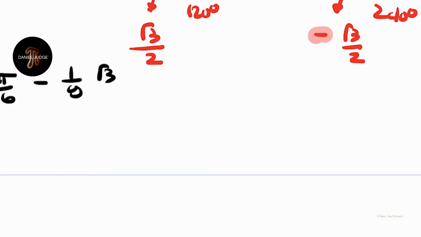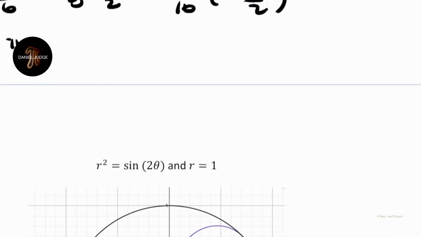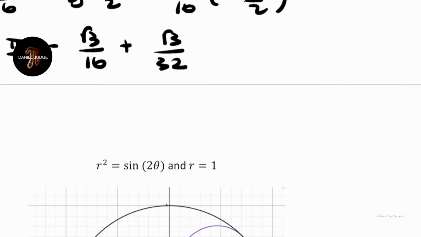1/8 square root of 3 over 2 minus 1/16 times negative square root of 3 over 2. Pi over 6 minus, looks like it'll be square root of 3 over 16 plus the square root of 3 over 32.